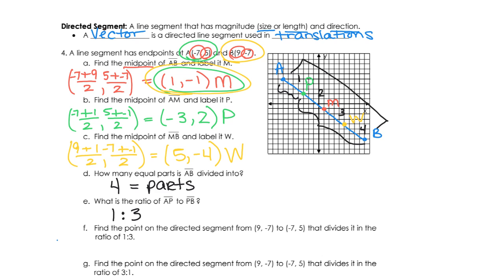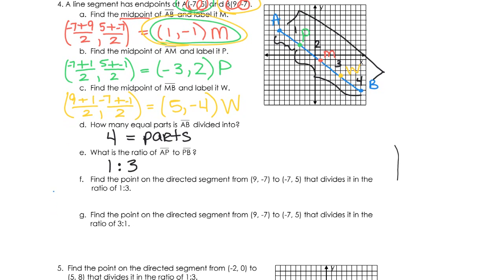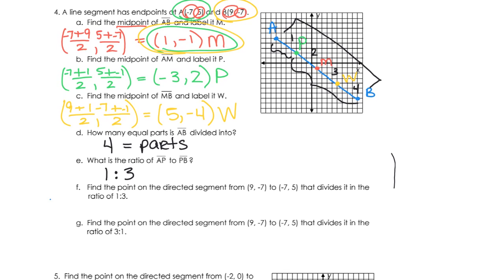Okay. Part F says find the point on the directed line segment from 9, -7. And 9, -7, we have to remember, guys, is our B coordinate. To -7, 5, which is our A coordinate. Because they're saying I'm coming from B, this is my start, and then I'm going to A in that direction.